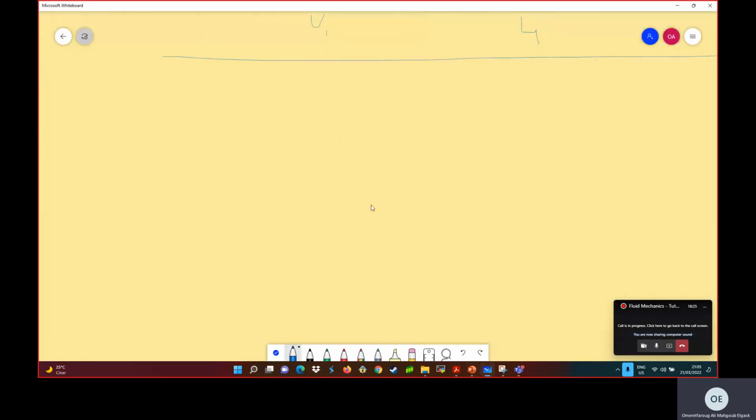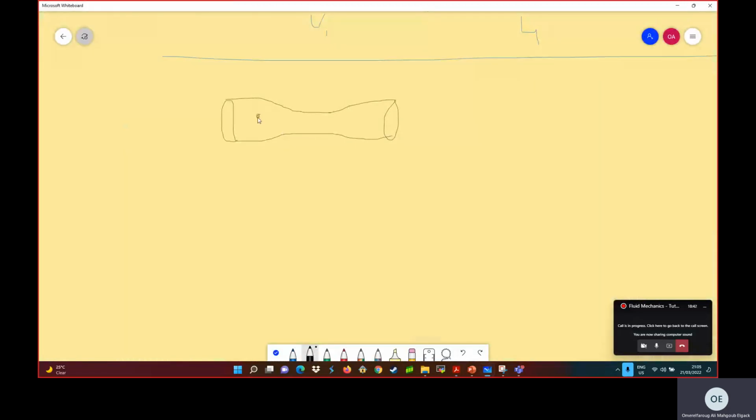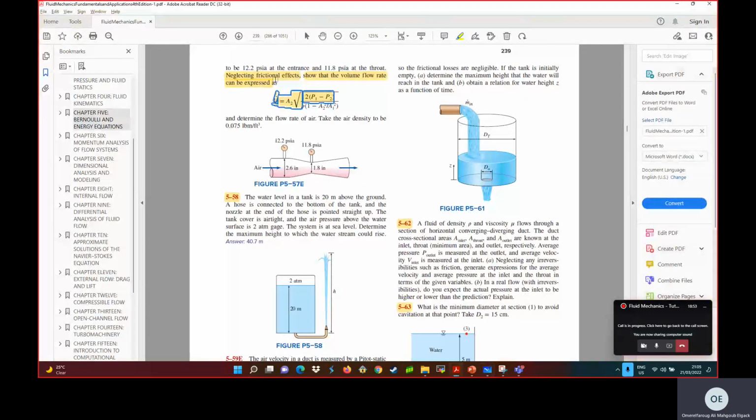Okay, so you have this, try to draw it. Something like this. Assume this is 1 and this is 2, and the flow is going this way. This is my streamline. And I will apply the Bernoulli equation, given that the flow is inviscid.